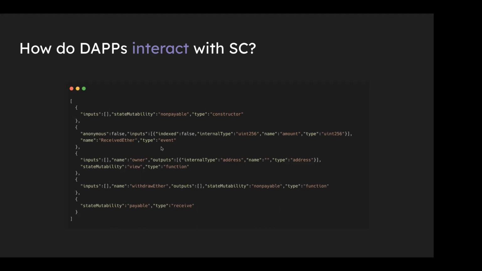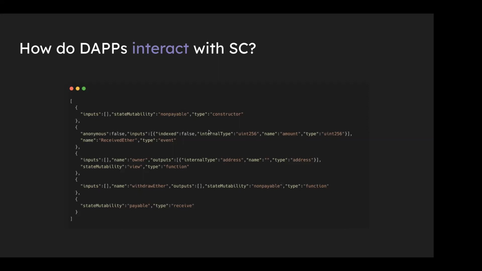The second curly braces are information about an event. We have an event name, type event. We have an event name Received Ether, it is not anonymous, it has one input field, an array consisting of one element, which is not indexed, has the type of uint256 with the name amount, and internal type uint256.